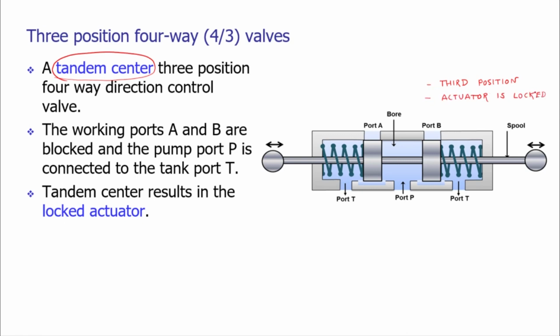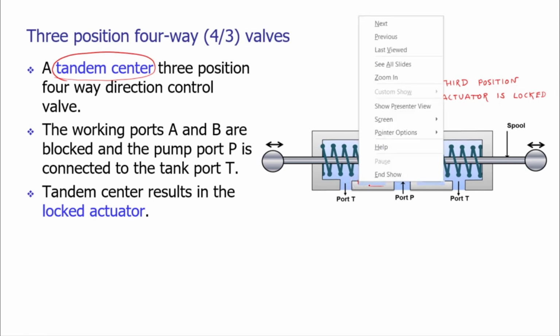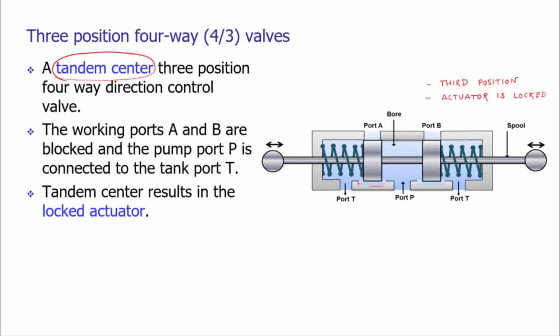And we need to protect the valve or the system against the buildup of heat energy, the heating of the system. So here you can see we are providing grooves or ports inside the system. When the third position is there, the fluid from port P will be passed through these spaces and they will get back to the tank.